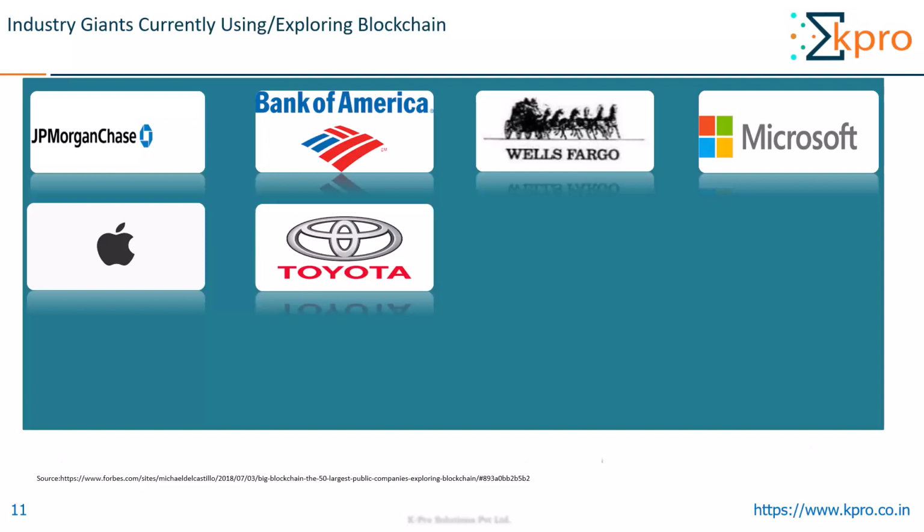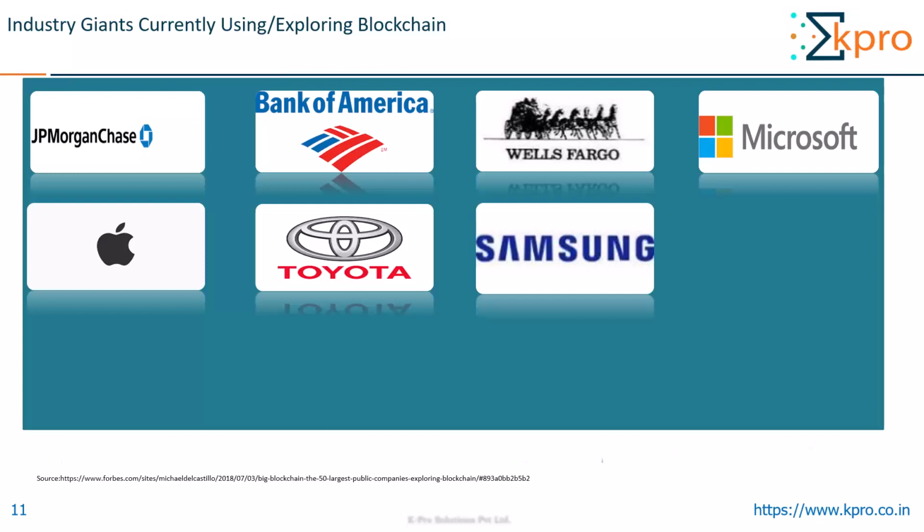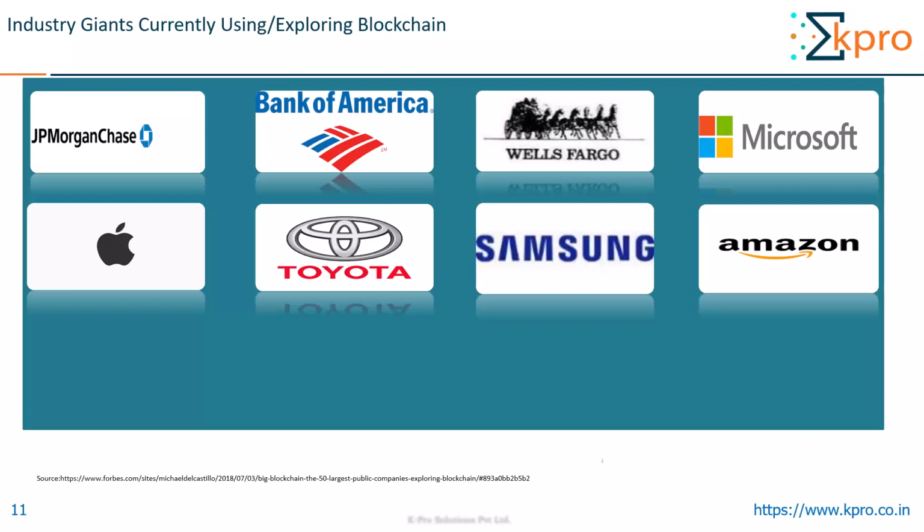The next one is Toyota Motor Corporation. It is a founding member of the Blockchain Mobility Consortium and is now exploring how blockchain payments could enable self-driving cars. The next one is Samsung Electronics Company. It announced its Nexledger platform last year for tracking global supply chains. The next one is Amazon.